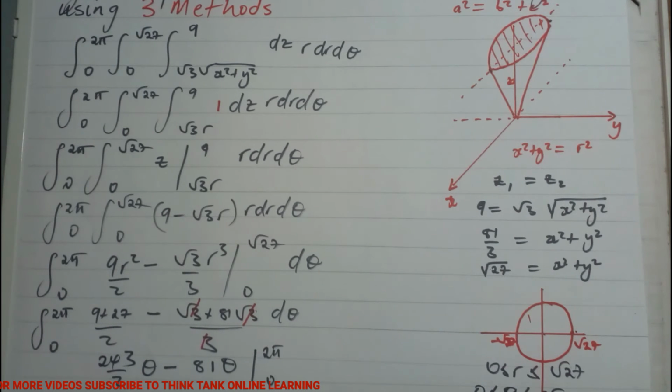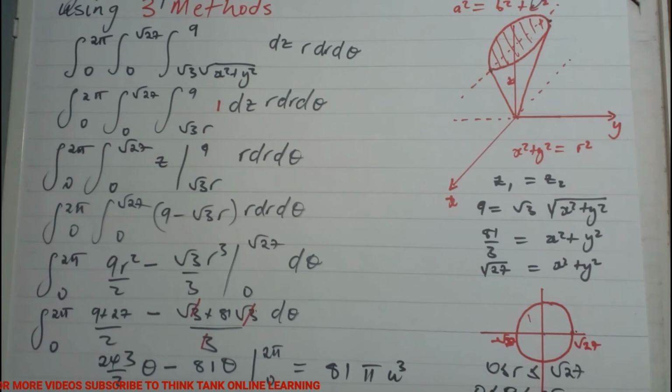Okay, and if I say upper bound minus lower bound, what are we going to get? We're going to get 243 times 2 pi divided by 2, okay, minus 81 times 2 pi, and the answer is 81 pi. So that is the volume. You can just say unit cubed.